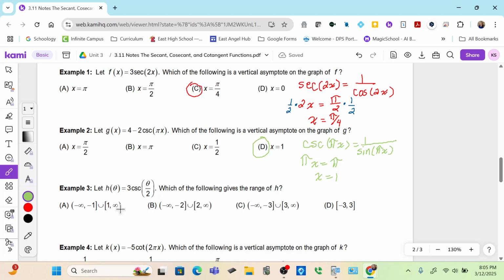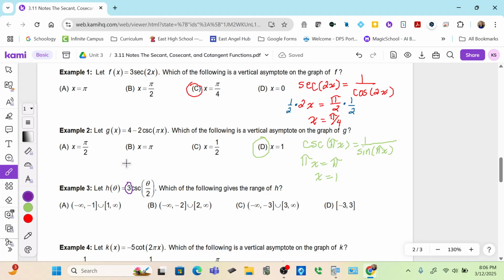Example 3, we're looking at ranges. In example 3, h of theta equals 3 times the cosecant of theta over 2. This 3 is important because it's telling me the amplitude. So I'm looking at the amplitude of 1 over the graph of sine x. So instead of being negative infinity to negative 1, think about what 3 would do to the amplitude of sine.